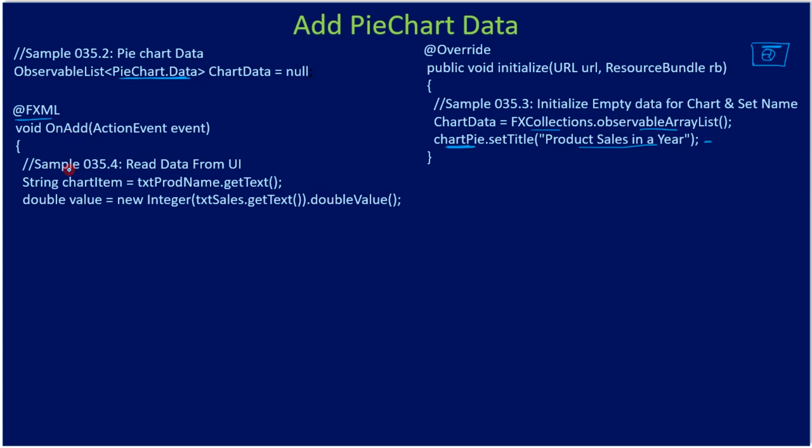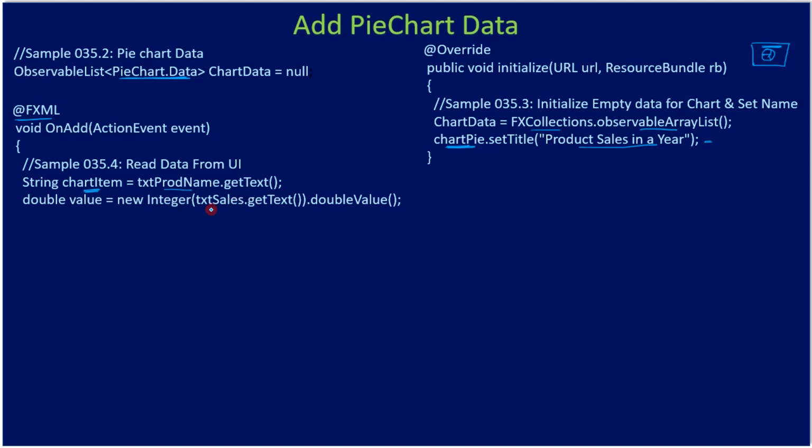So this routine will get called whenever the user clicks the add button. During that time we read data from the UI, because in the UI the user will provide the product name. So we have the chart item string, that's the product name, then value. So this is the measured entity and measured value.